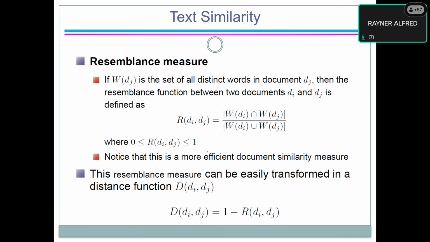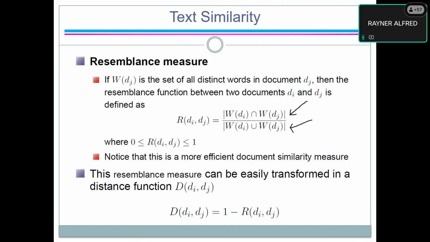The similarity between documents, or the resemblance, can be defined as the number of words that are similar between two documents divided by the number of unique terms that we have in the documents.